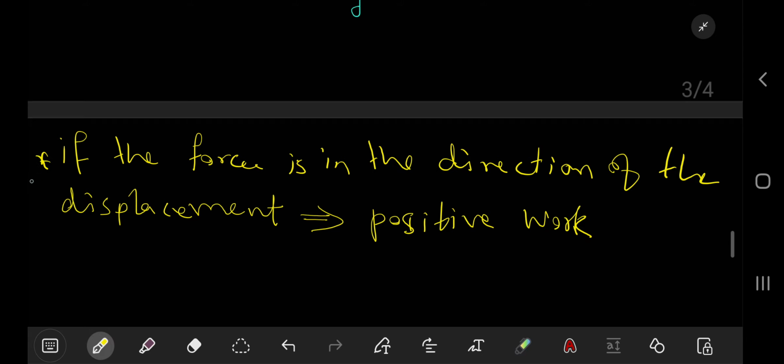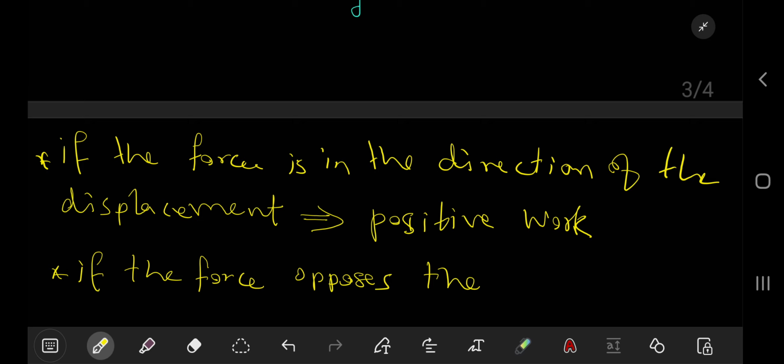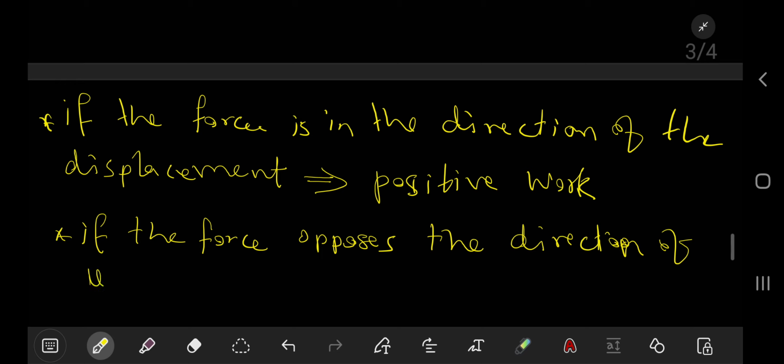And then the other condition was that if the direction of the force opposes the direction of the displacement, then it does negative work.